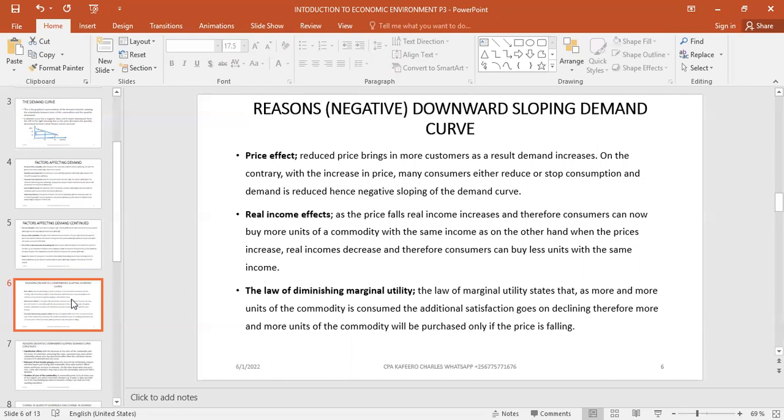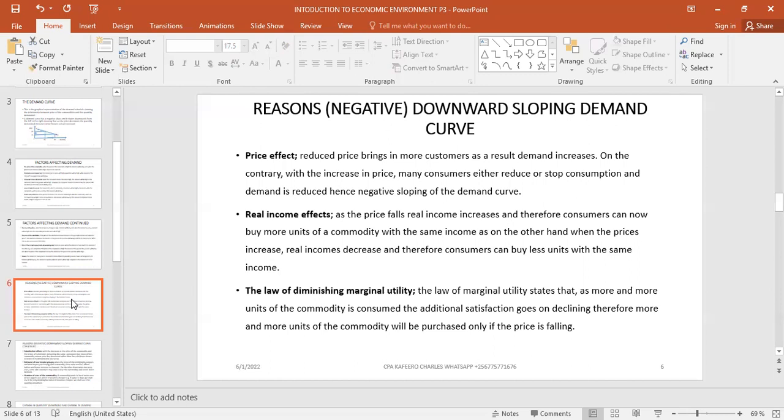Real income effect, we are talking about it in a sense that if someone had 10,000 shillings and wanted to buy a book, and the book is costing 5,000. The amount you have is only 10,000 in the pocket, that is your real income, the value you have as per the time you are going to buy the books.